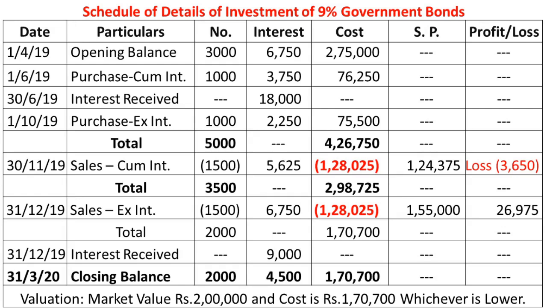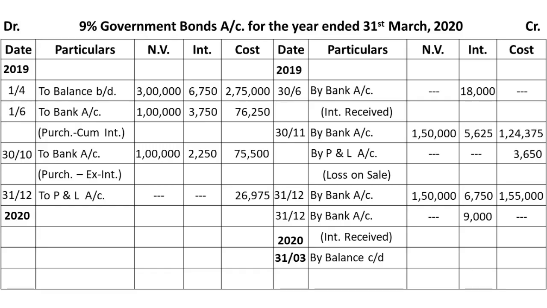We are having 2,000 bonds. The face value is 100. So 2,000 multiplied by 100, rupees 2 lakh. And the cost that we have calculated here is 1,70,700. And we require to take only whichever is lower out of these two. So the lower amount is 1,70,700. So we will record on the credit side of the investment account the amount of cost that we have found out, 1,70,700.